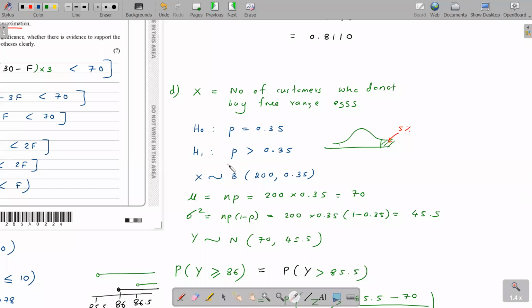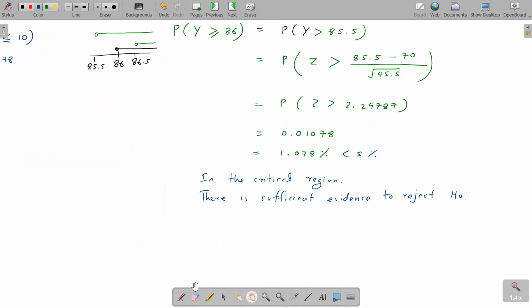So when we reject H0, what happens? Is there evidence to support the manager's belief? Yes, we have, because we are going with H1. H1 is the manager's belief. So you can write, there is evidence to support the manager's belief. Make sure you give this statement because you have to give a statement with regards to the claim.